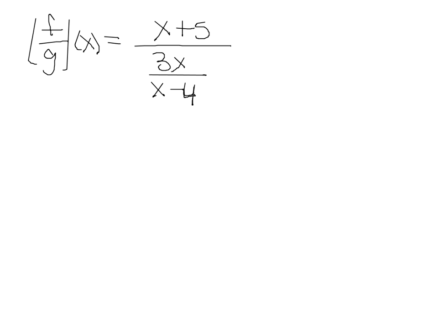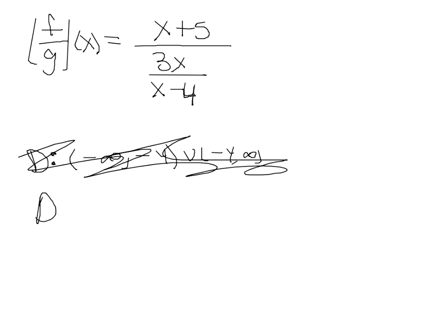Now, let's talk about domain first. I already can't use minus 4. But now, I also can't use, so this is not the final limit. So, I can't use minus 4, and I also can't let g of x equal 0.